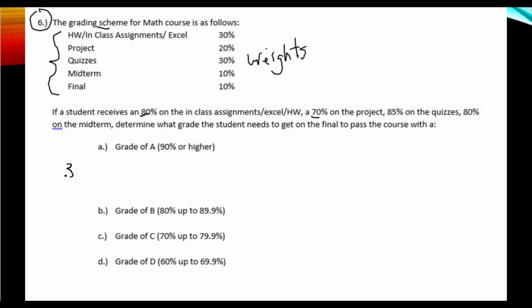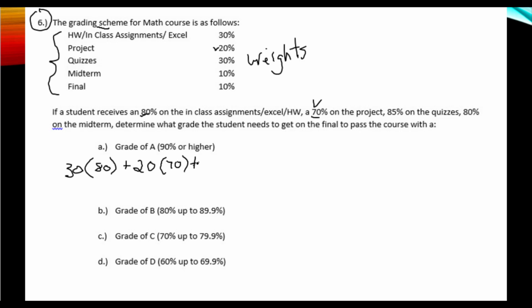30% of my grade is based on a grade of 80. Plus 20% of my grade is based on a grade of 70, because projects are worth 20% and I got a 70% on the projects.